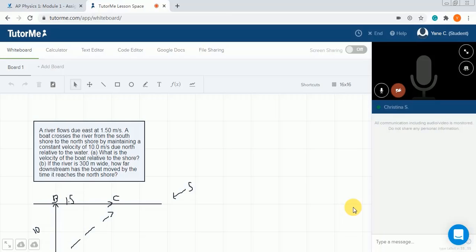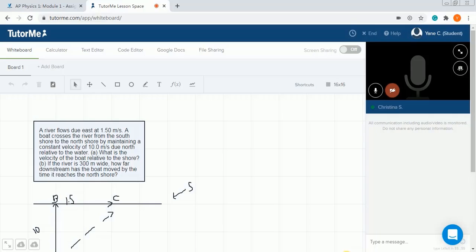Does that make sense? So using this information, we say the vector AB plus the vector BC will equal the vector AC if we're adding them head to tail.